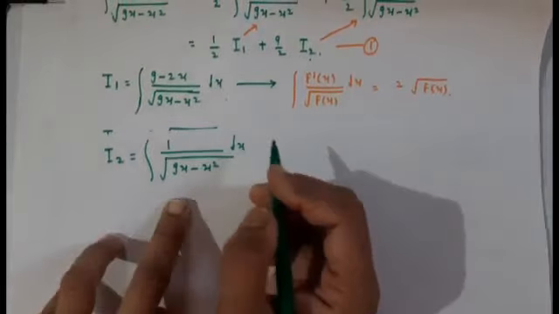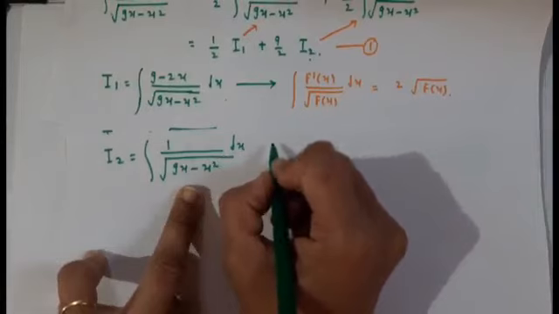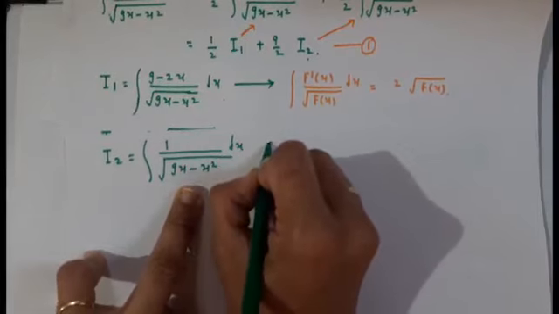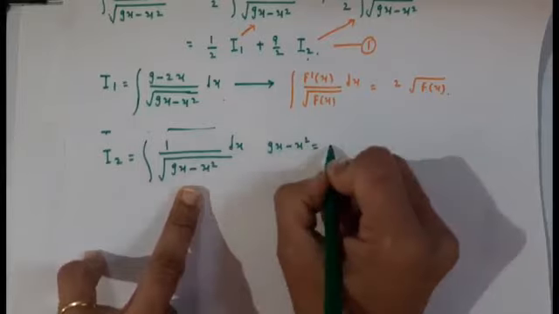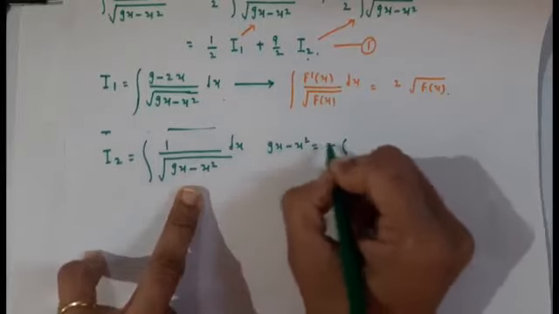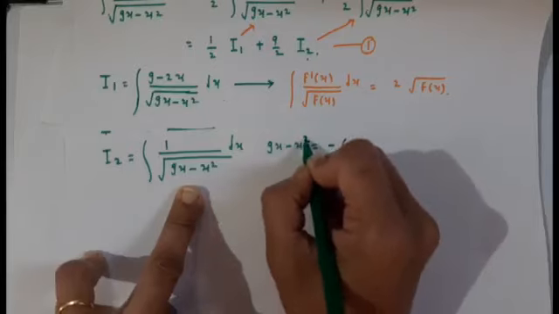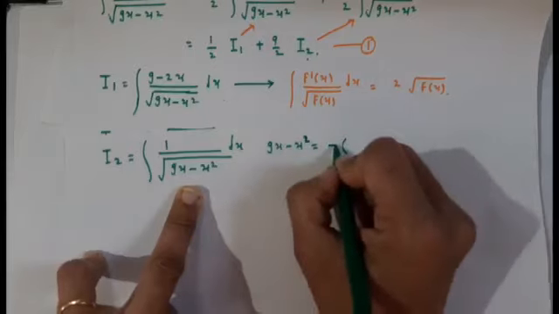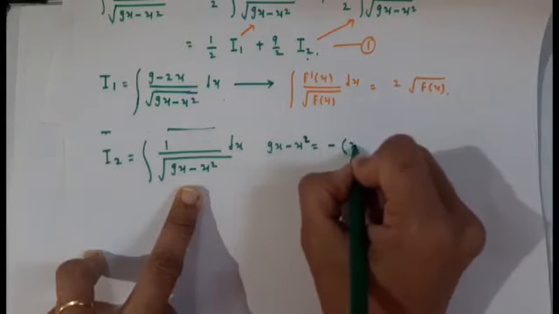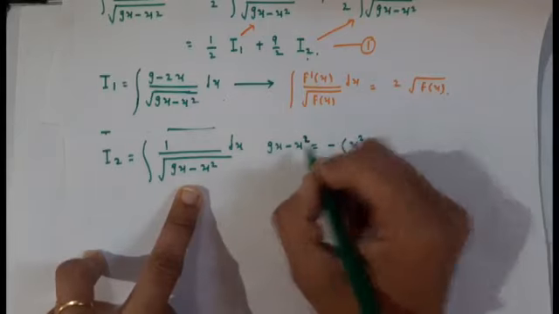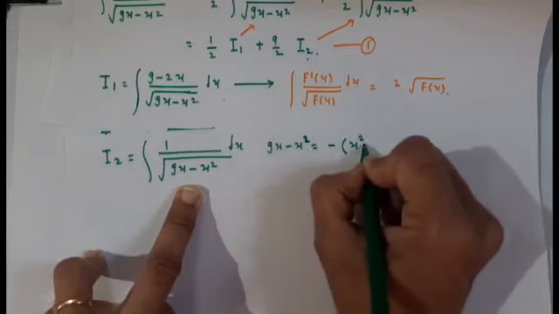So here let us adjust the term 9x minus x square. First take out the negative sign, because the coefficient of x square is minus 1, so outside the bracket we have taken the negative sign, and we can write this as minus bracket x square minus 9x.